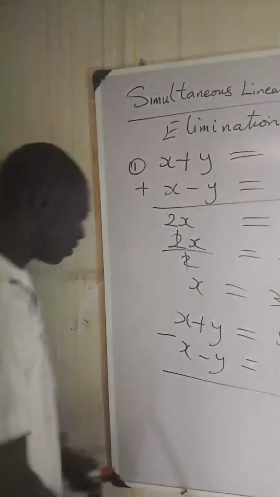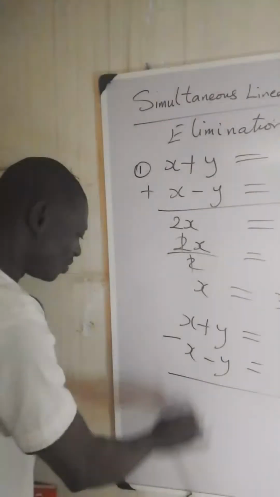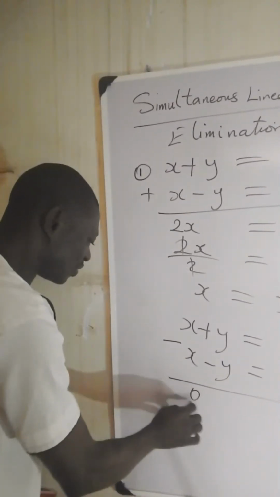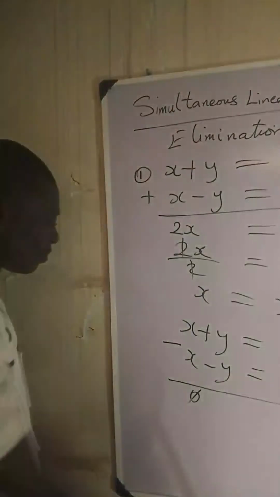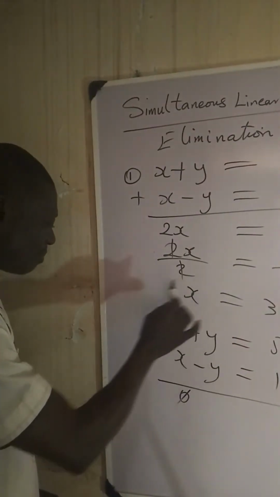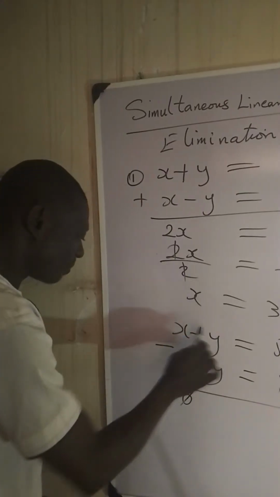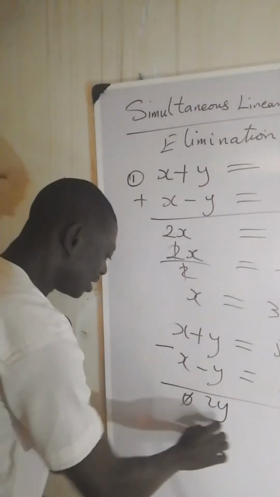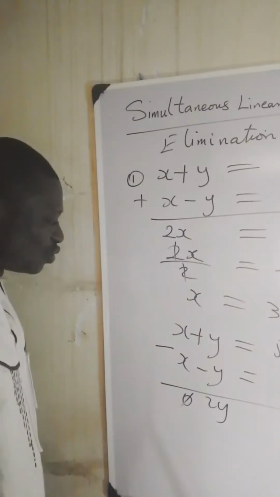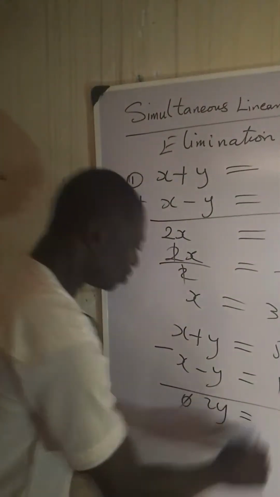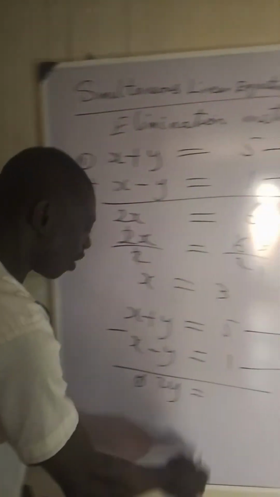Then we are going to say x minus x will give us 0. Y minus minus y will give us y plus y, and that is 2y, having 2y is equal to 5 minus 1 will give us 4.